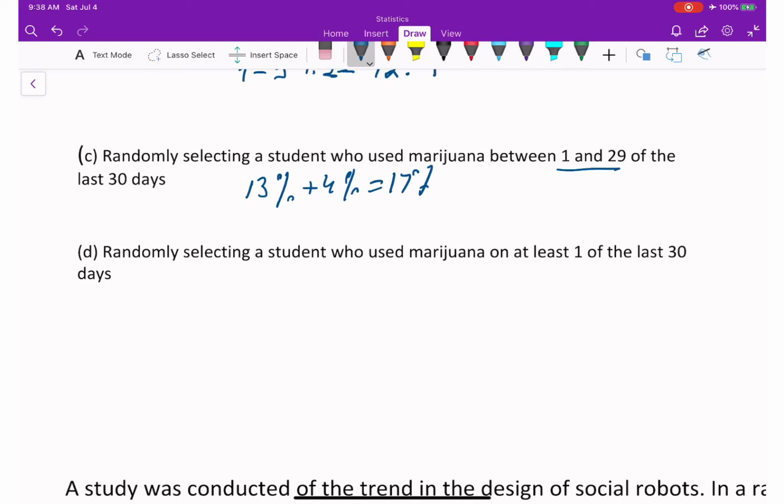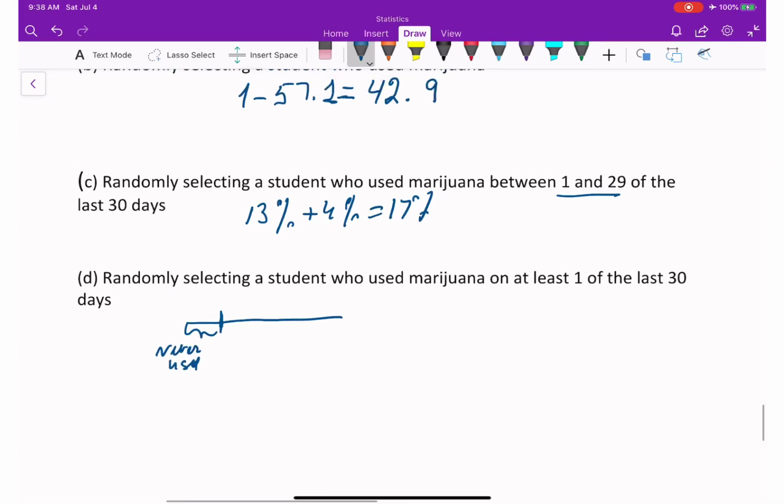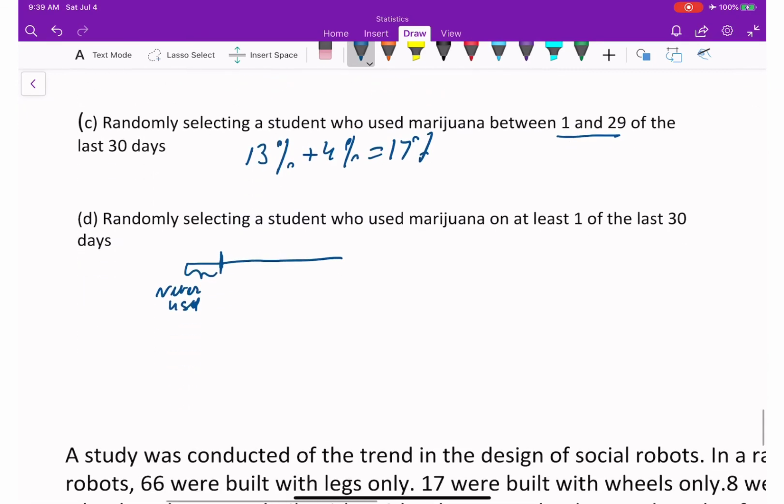Next, randomly selecting a student who used marijuana at least once of the last 30 days. At least once. We have here never used, which is 57.1%, and here we have at least once, or maybe more, or all the time. So what is it going to be?